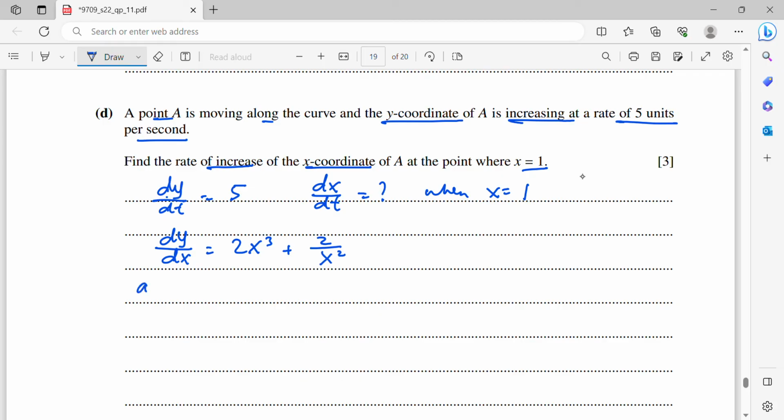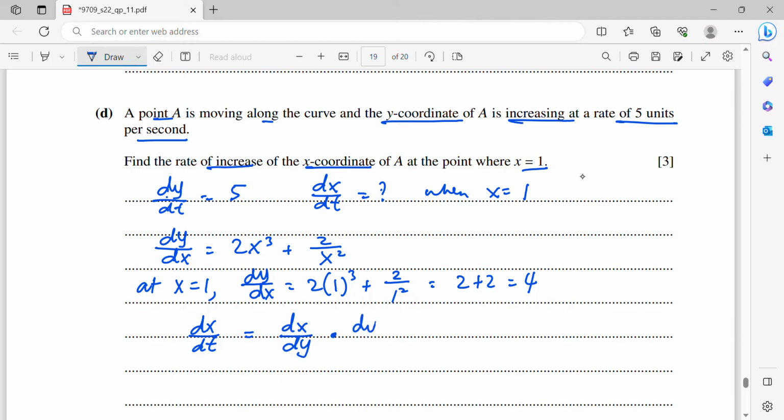Alright, so at x equals to 1, because now you need to find the rate of the x at x equals to 1. So at x equals to 1, my dy dx equals to 2 times 1 cubed plus 2 over 1 squared, which means it's 2 plus 2. Then you get 4. Okay, so now dx over dt can be found using the chain rule. So it will be dx over dy times dy over dt.